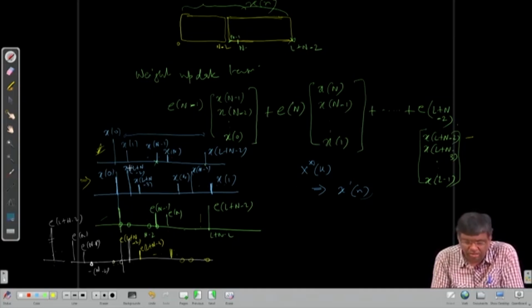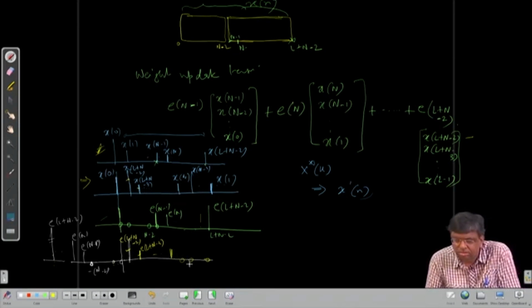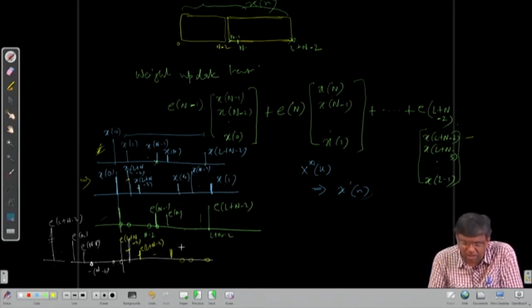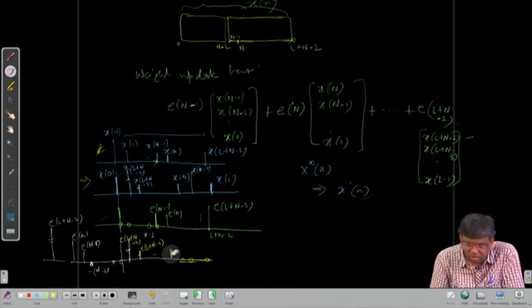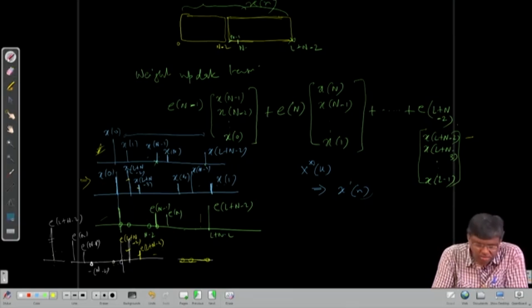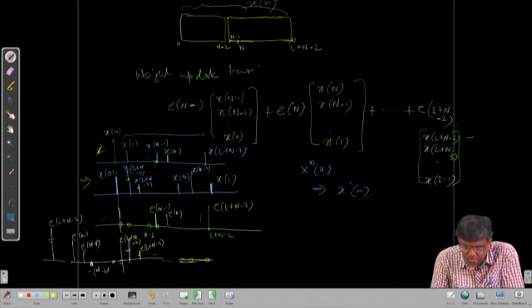This is nth here. So, this into this into this, dot dot dot, finally it will be up to E of n minus 1. E of n minus 1 will multiply here, actually since it is x of n, I should plot it here.